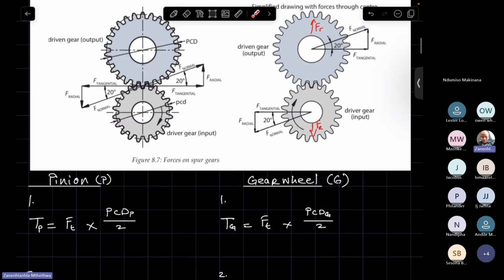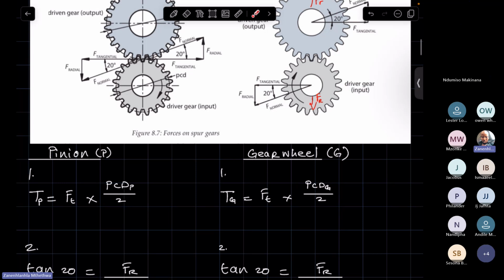Now, in order to be able to calculate any of these forces, you must have at least one force, and that one force will be the tangential force, because the tangential force, as explained, is essentially the force that is applied tangent to the gears in order for the gears to start transmitting any torque. Now, you have a pinion, a small gear, and a gear wheel.